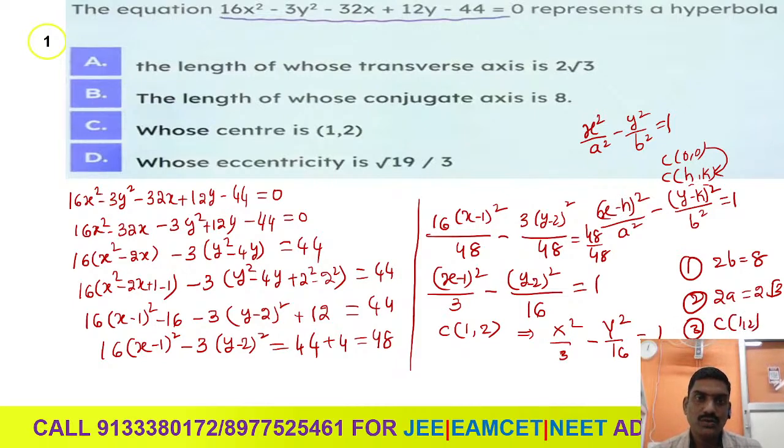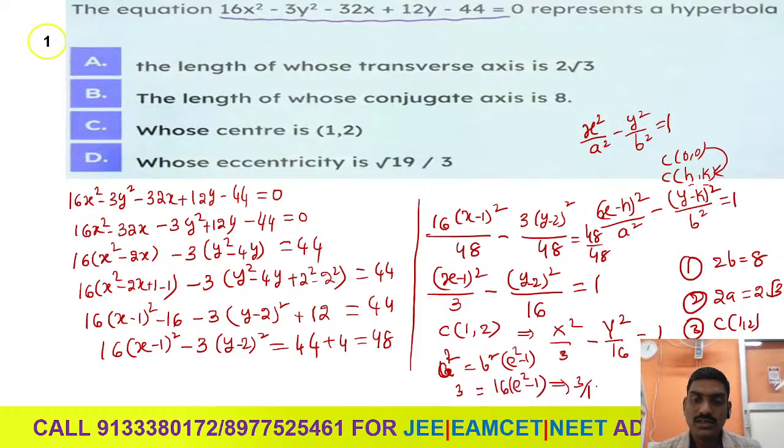And the next one is whose eccentricity. Generally, what is eccentricity? Here a is less than b, right? So a square is equal to b square times (e square minus 1). Here a square is 3, which is equal to b square, that is 16, times (e square minus 1).